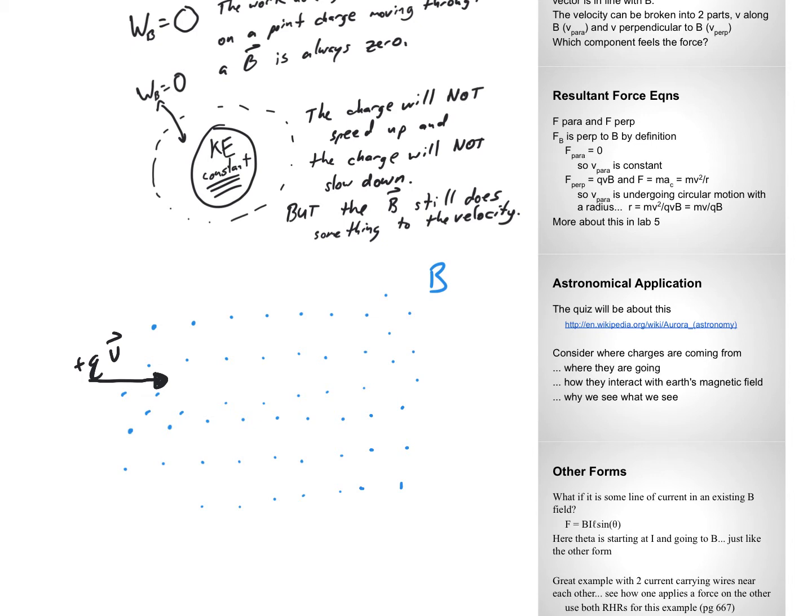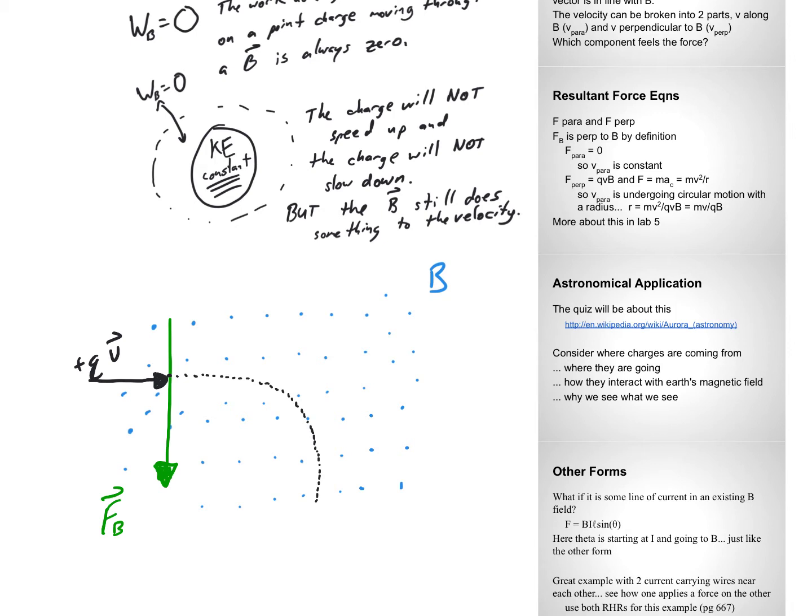As such, using the right-hand rule, I put my fingers to the right along the velocity. I have my palm pointing out of the screen. Since I have my screen horizontal, it kind of looks like I'm holding a plate like a waiter might do. And as a result, my thumb is pointing down the page. This is the direction of the magnetic force that is being applied to that charge. And that force is going to change something about that charge. It's going to make it undergo circular motion.